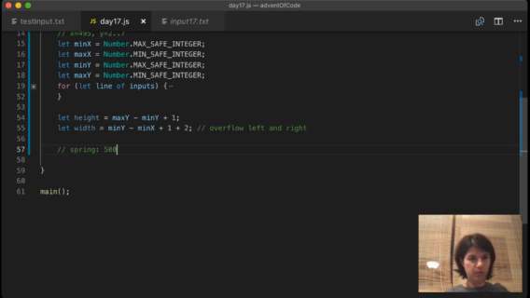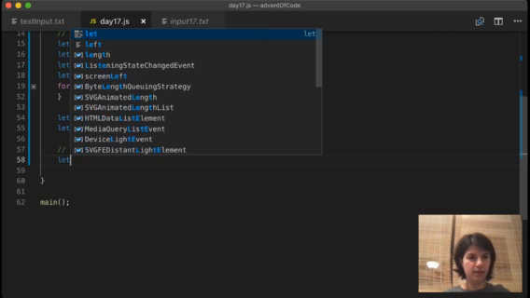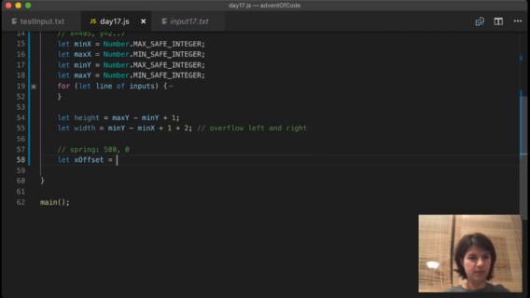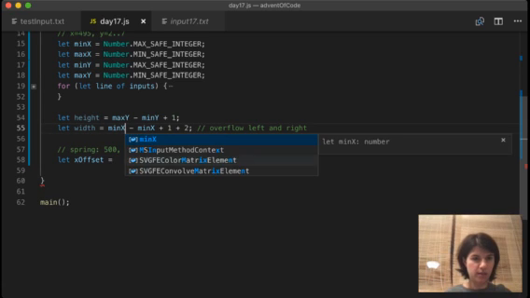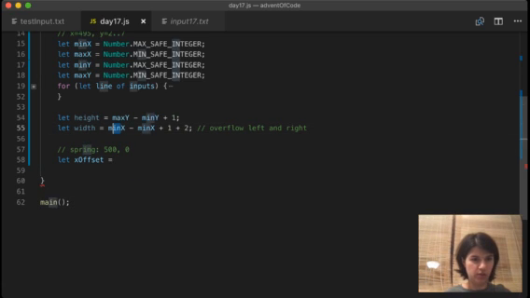So the spring was at 500. So we're going from min to maximum. Let the x offset be equal to, oh, there's another typo here, min x. And actually it should be max x minus the minimum x. That's how far we go from left to right.